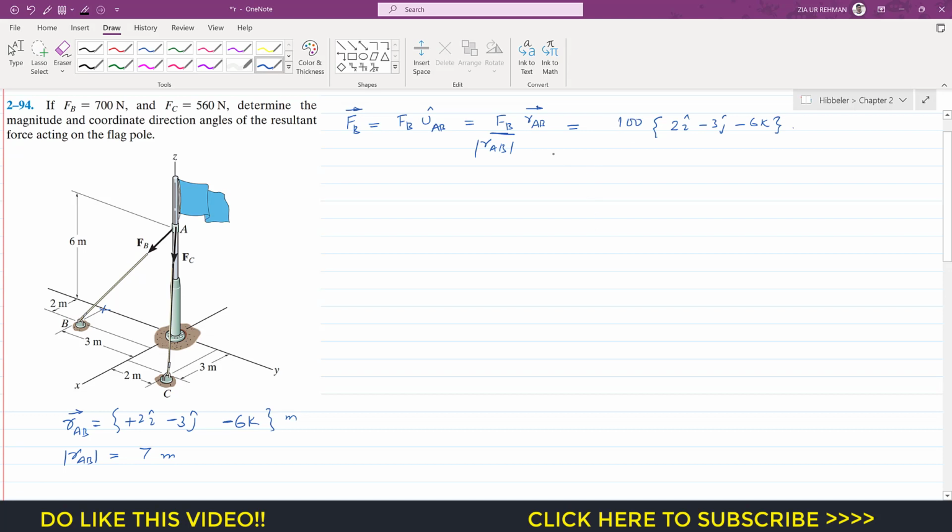So FB Cartesian vector will be equal to, multiplying this 100 inside, 100 times 2 is 200: 200i minus 300j minus 600k. So this is the Cartesian vector FB, which is acting from A to B.